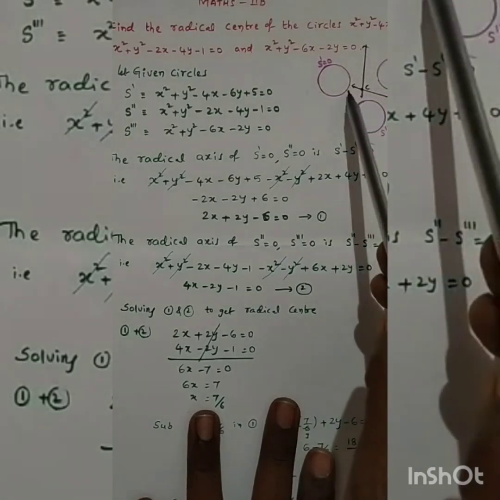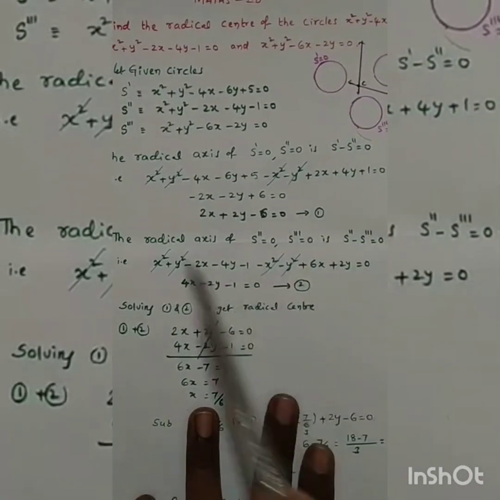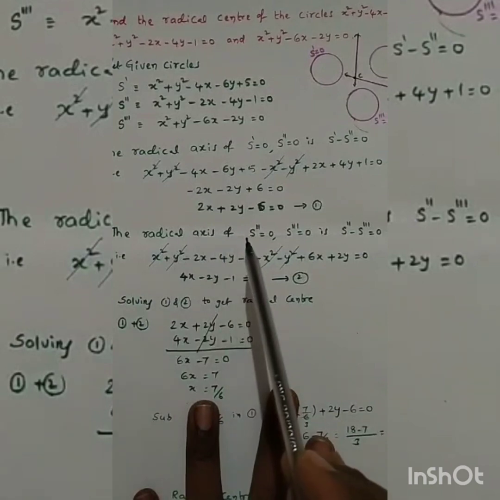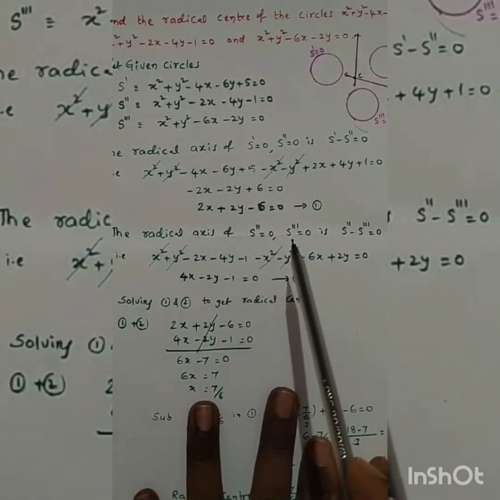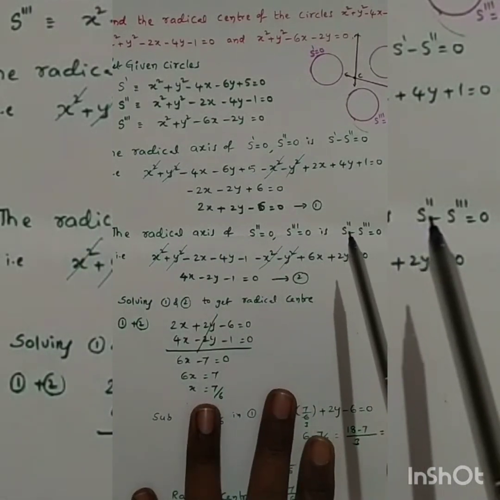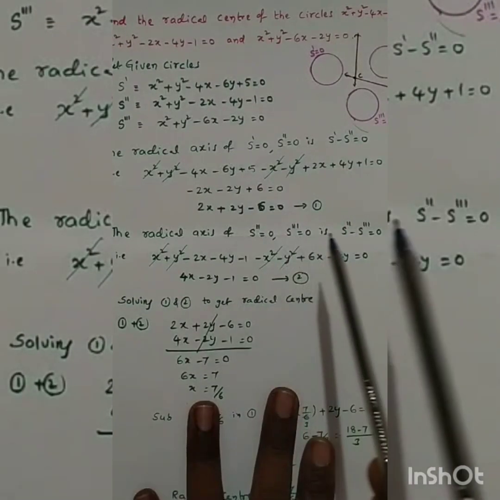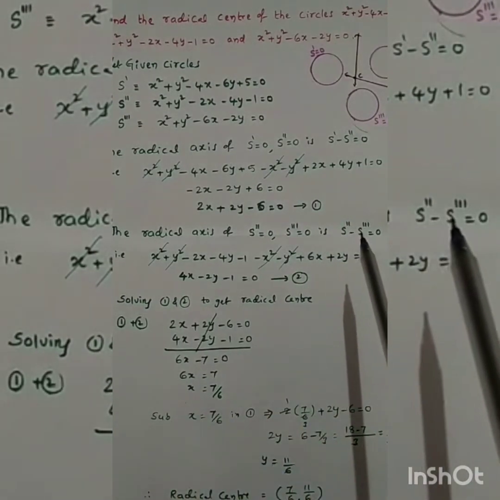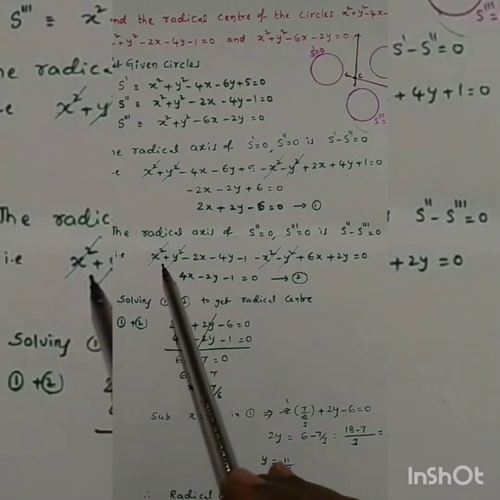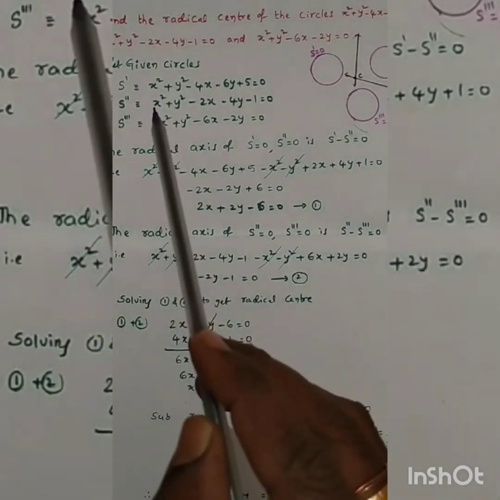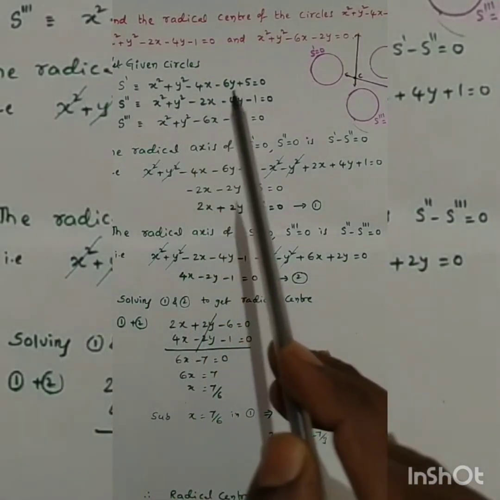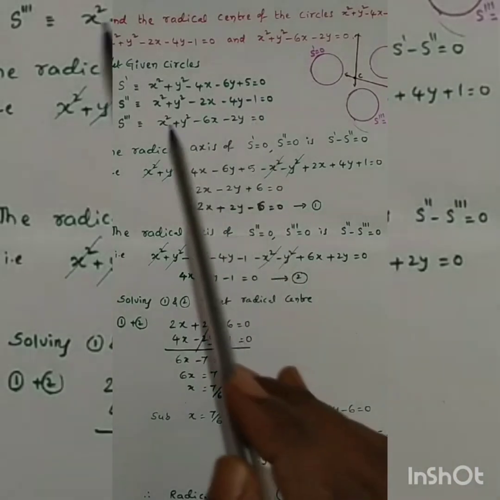And next we have to find one more radical axis equation, that is the radical axis of S double dash equal 0 and S triple dash equal 0, which is S double dash minus S triple dash equal to 0. So S double dash, this equation x square plus y square minus 2x minus 4y minus 1, minus this one.